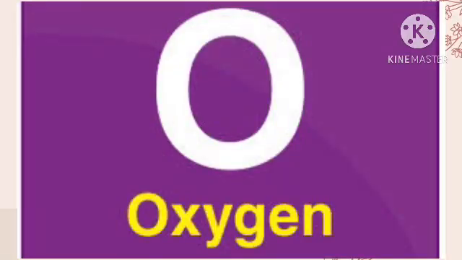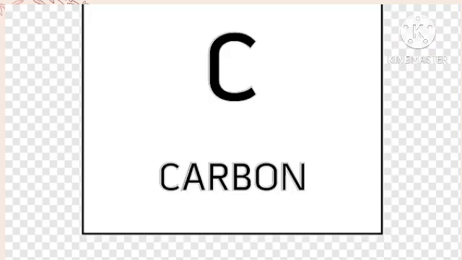Let's take, for example, oxygen. The symbol for oxygen can be represented with the letter O. We can also use the letter C to represent carbon. So C is the symbol that represents carbon.